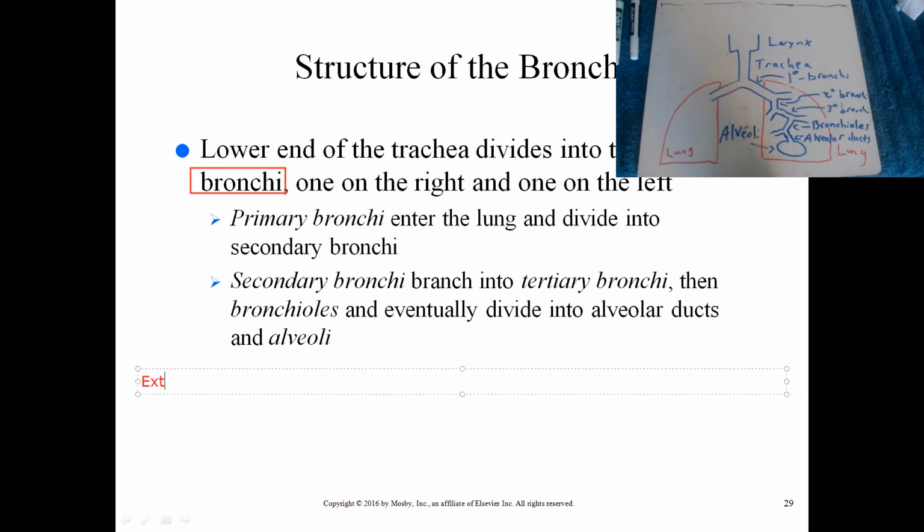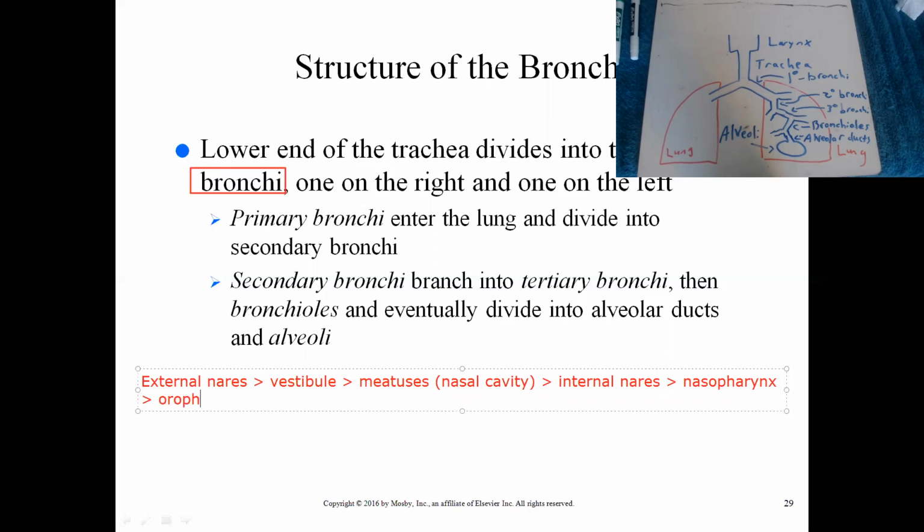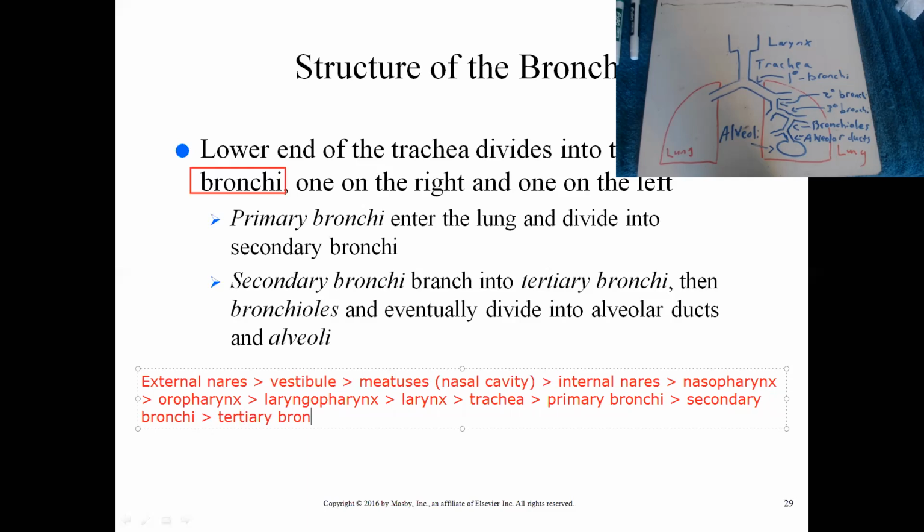You go from the external or anterior nares, the nose's vestibule, the meatuses of the nose, those are in the nasal cavity, the internal or posterior nares, nasopharynx, oropharynx, laryngopharynx, larynx, trachea, primary bronchi, secondary bronchi, tertiary bronchi, bronchioles, and ending at alveoli.